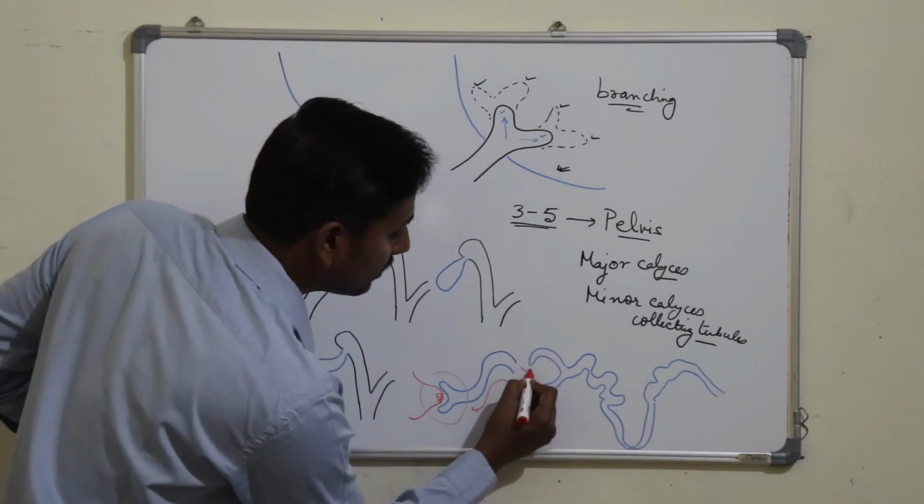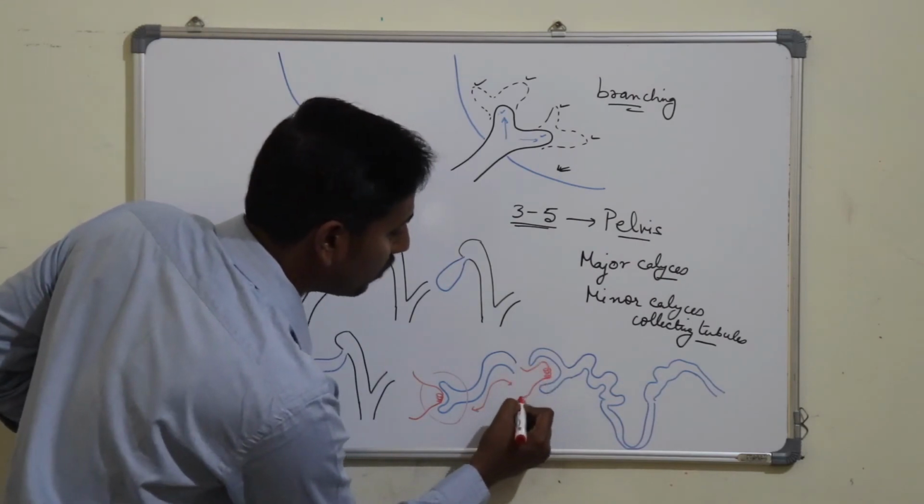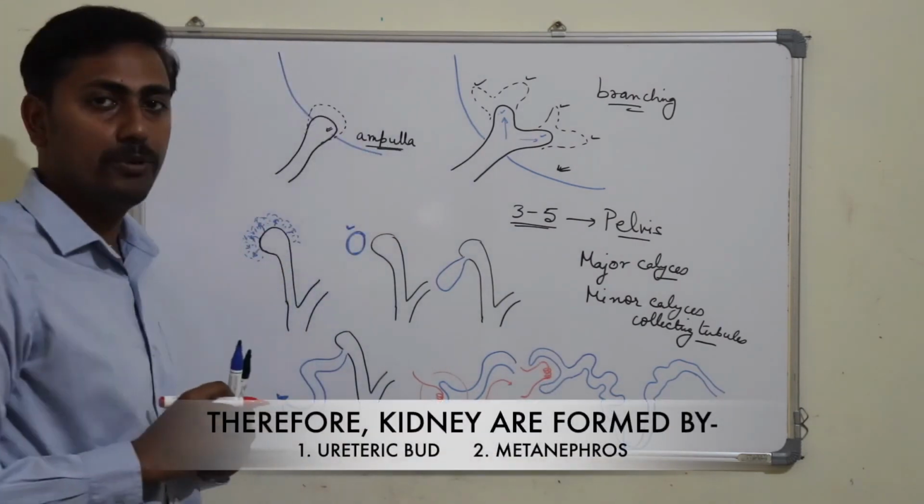So in this way the different parts of the nephron are formed by this S-shaped tubule.